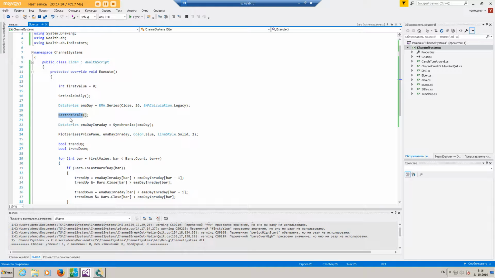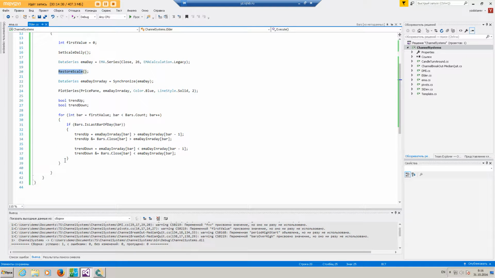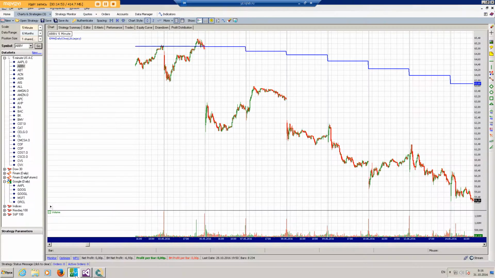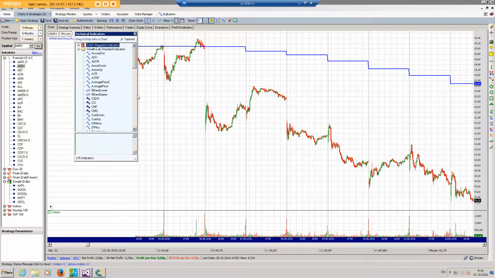So let's keep it to 2 screens because we have to code out a force index now, because I don't have it, right? You don't already have a force index in Wealth Lab indicators.